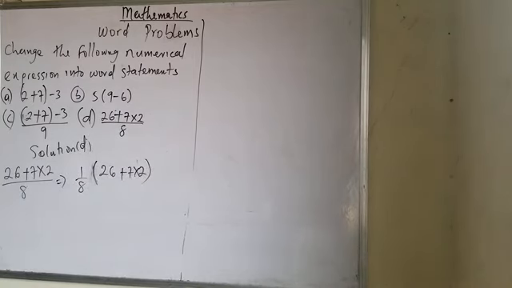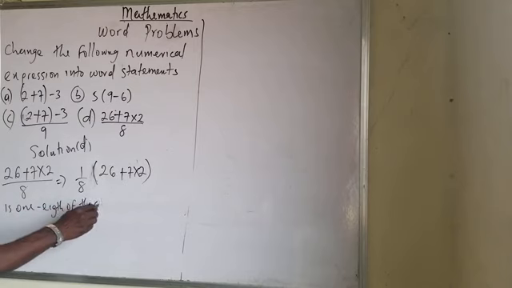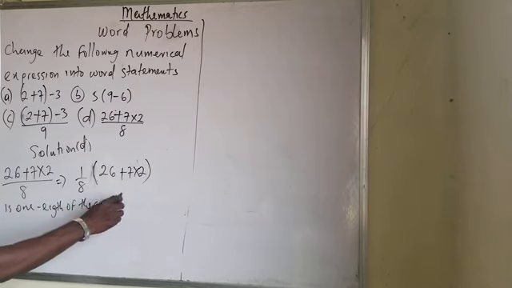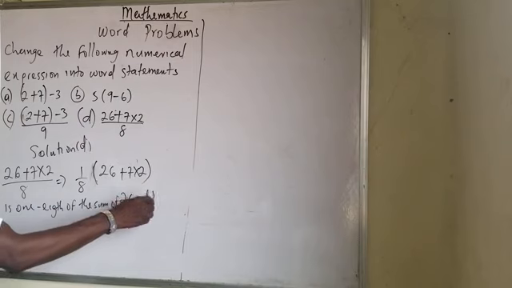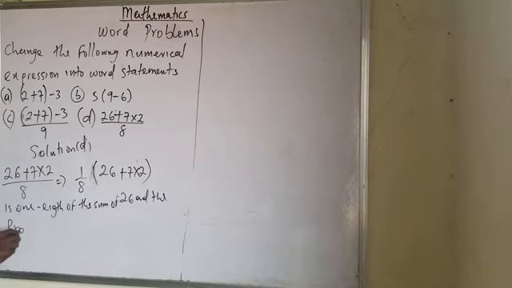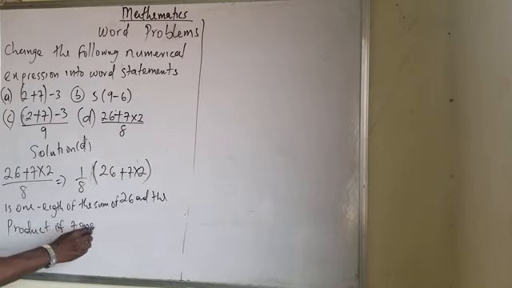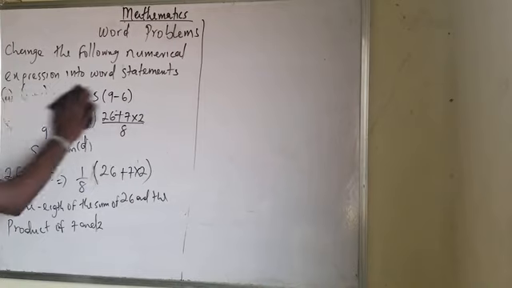Which means it is 1/8 of the sum of 26 and the product of 7 and 2. That is the word problem. Please, you can understand all this. Very, very important. Okay, let me now move on to the second outline.